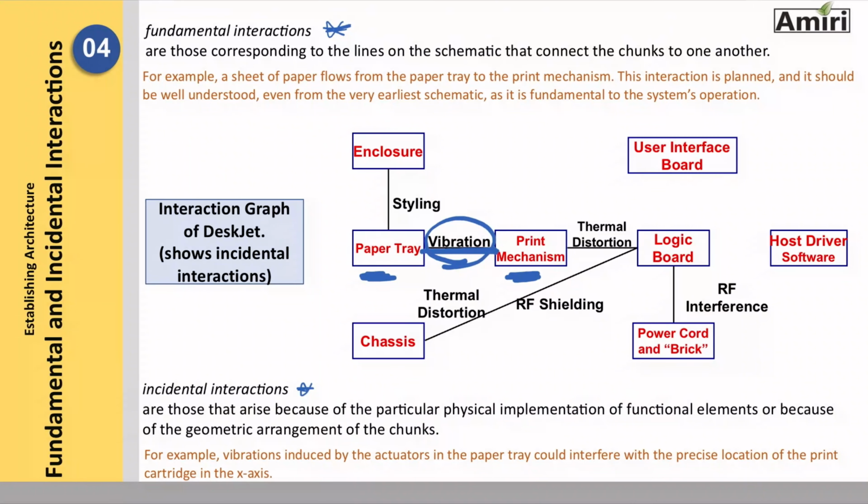So we can use the mapping of the interactions between the chunks, whether it's an interaction map, interaction graph, or interaction matrix, to provide guidance for structuring and managing the remaining development activities of the project. Chunks with important interactions should be designed by groups with stronger communication and stronger coordination between them.